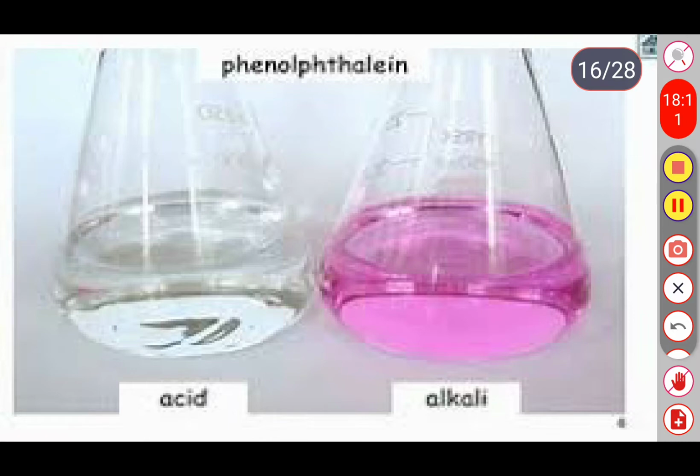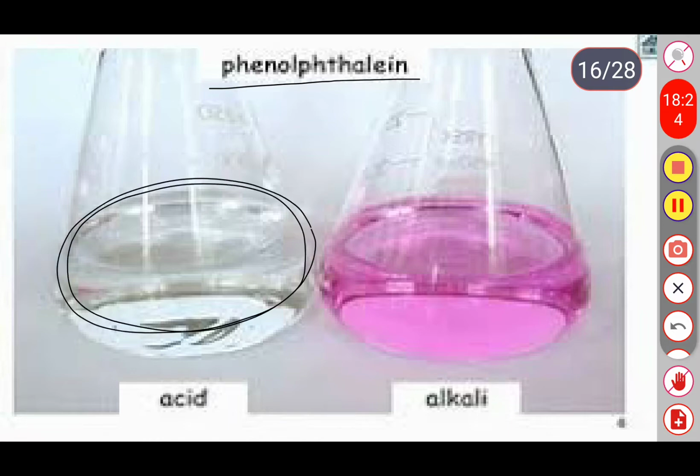So this phenolphthalein contains some alcohol also. It is colorless in acidic solution. Here you are observing in the image that the color of phenolphthalein in acidic solution is purely colorless. It means it's purely transparent.